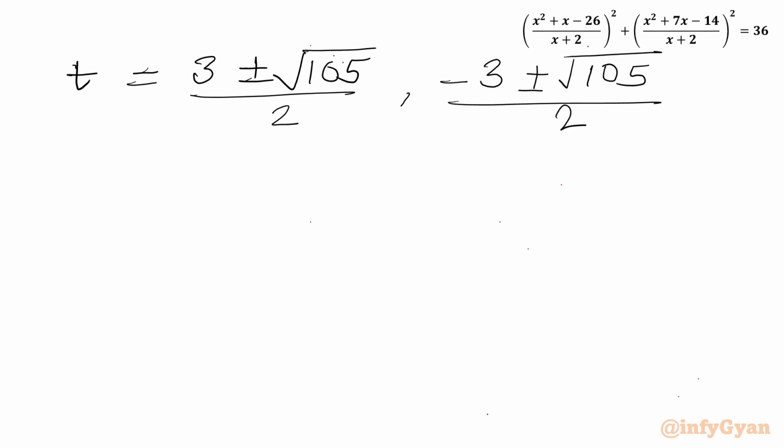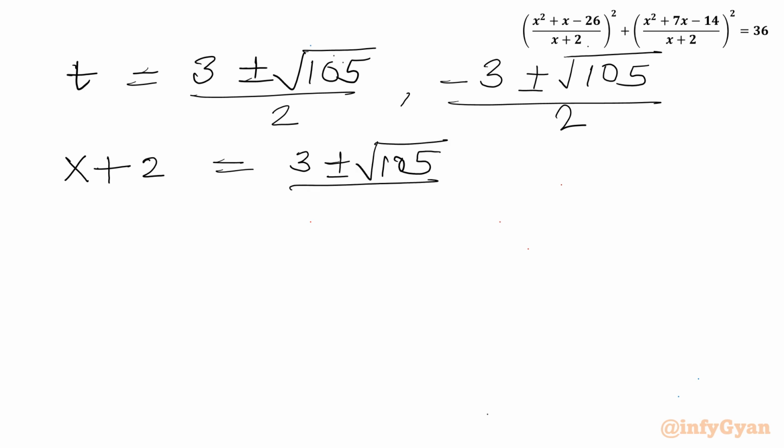Now t was x + 2. So x + 2 = (3 ± √105)/2 and (−3 ± √105)/2.